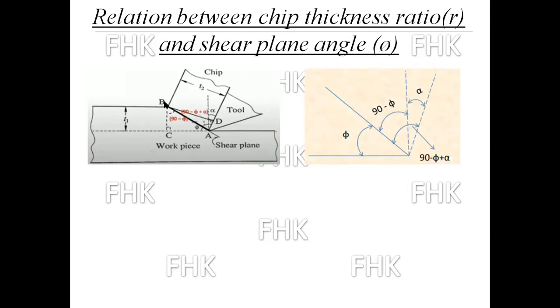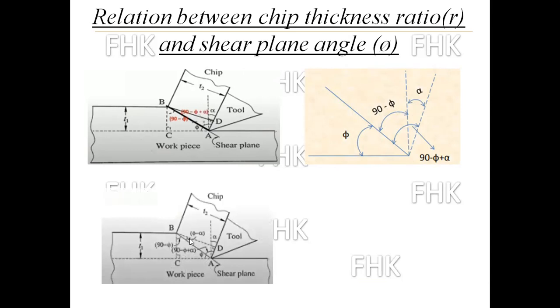So this angle BAD will be 90 minus phi plus alpha. Now let us find this angle ABD.